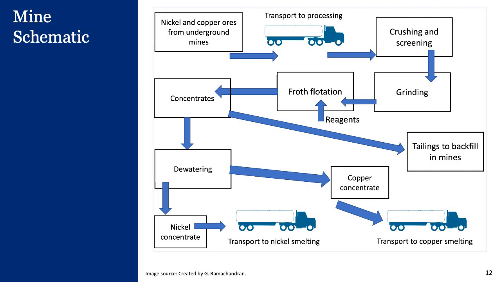So this diagram is a flow chart of how the materials flow through a particular mine. This illustrates some of the things I talked about in the previous slides. So this is a nickel and copper mining operation up in Canada. So the ore comes from these mines and they're transported by these big trucks to the mining and milling operations.